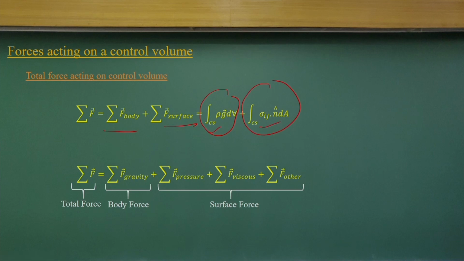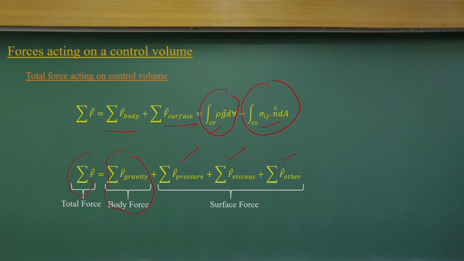Now, if I divide the force components, the total force will have one component from the body force, which is the gravity force component. The surface force component we can resolve into the force due to the pressures, force due to the viscous effects, and force due to other reactions, that means the reaction component of force.